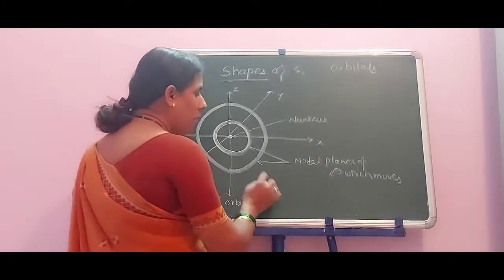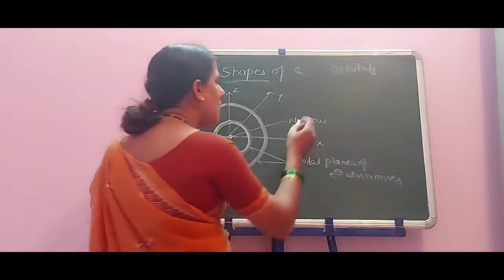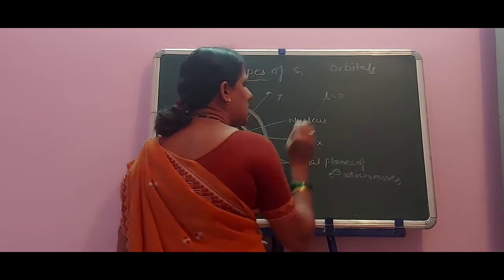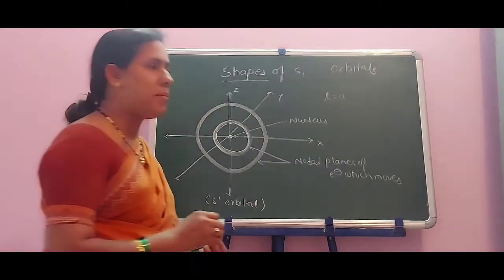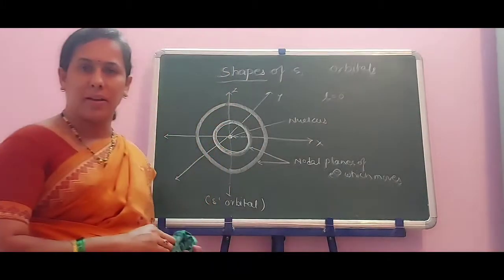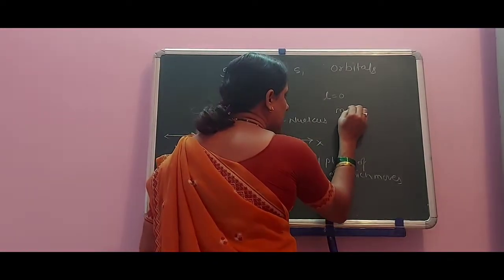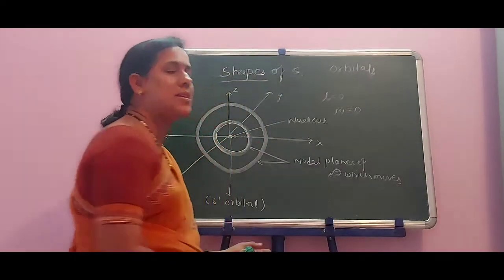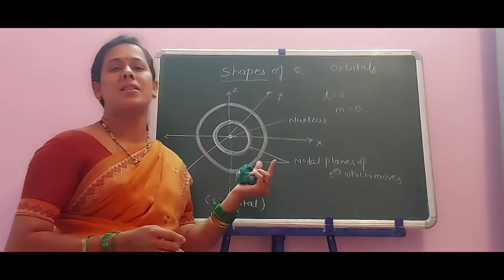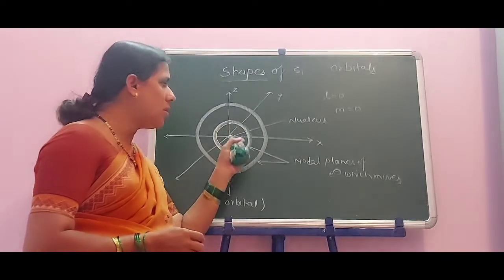According to the orbital quantum number, when l is equal to 0, it denotes the s orbital. As l is equal to 0, the magnetic quantum number m is equal to 0. Therefore the resultant orbital has full symmetry surrounding the nucleus.